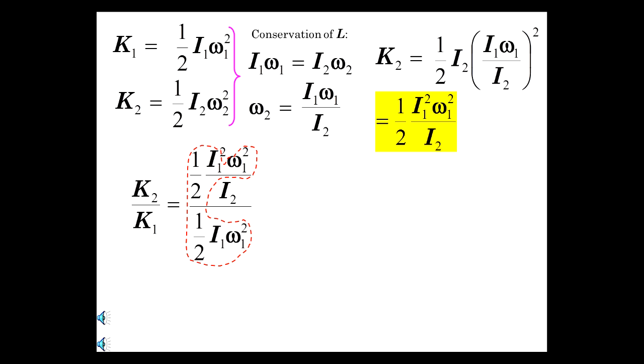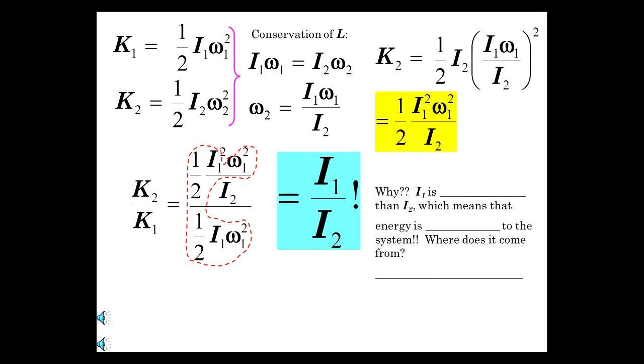That all cancels. Wow! And we get I1 over I2 is what K2 over K1 is. So the ratio of K2 to K1 is the moment of inertia of 1 to the moment of inertia of number 2. So it's like inversely proportional, the kinetic energies.